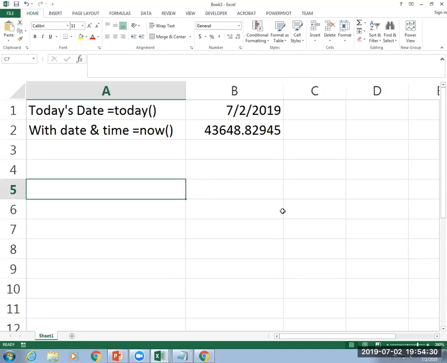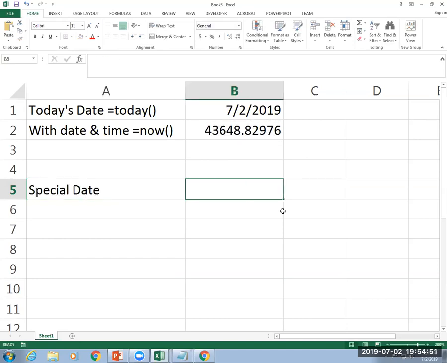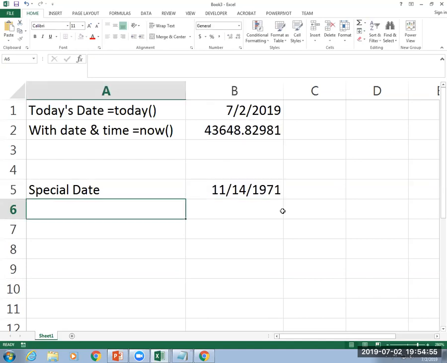Here's what's really neat. Now that you know that dates are just numbers, it means that you can do things with dates like you can do things with any other number. So if I have, for example, a special date, say my special date is November 14th, 1971.